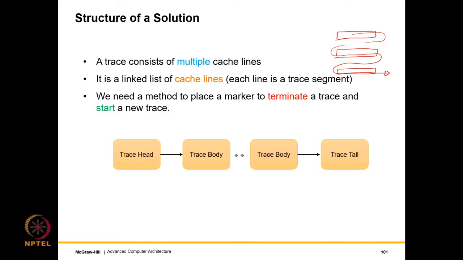So any trace, the way that we would see it, would consist of a trace head, a set of trace bodies and a trace tail, and they would essentially be a sequence of cache lines in the iCache, because we are fundamentally not changing the organization of the iCache, right? So that is not changing. Because that is not changing, we need to construct a linked list out of what we already have.